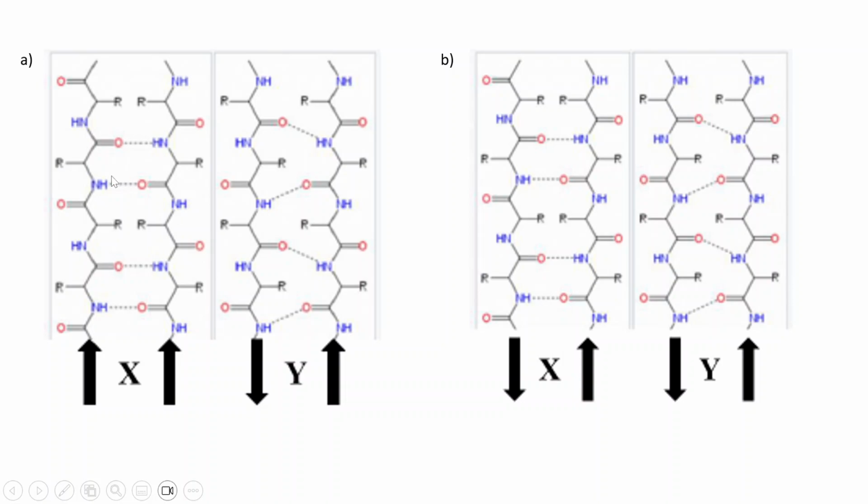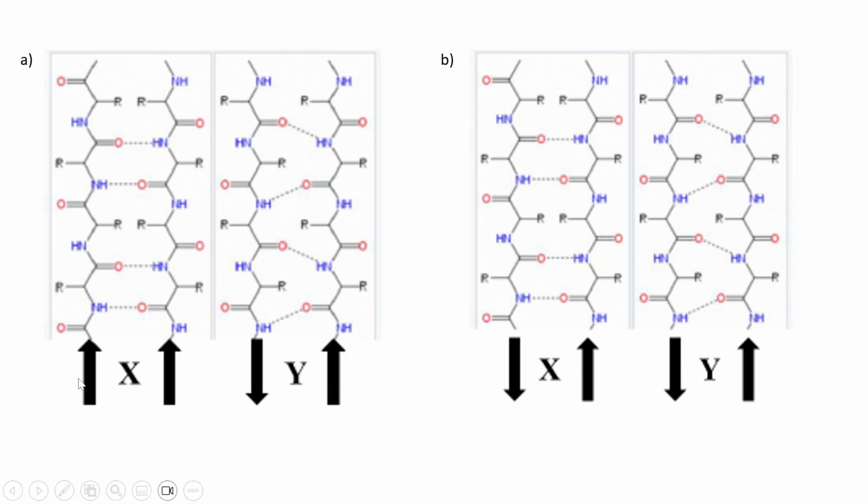Yeah. So if you see in option A, this is one amino acid, N, C alpha, C. The hydrogen bond of this carboxylic group is forming with the amino group of the adjacent amino acid, and then the amino group of the same amino acid is making the hydrogen bond with the carboxylic group of the same adjacent amino acid.